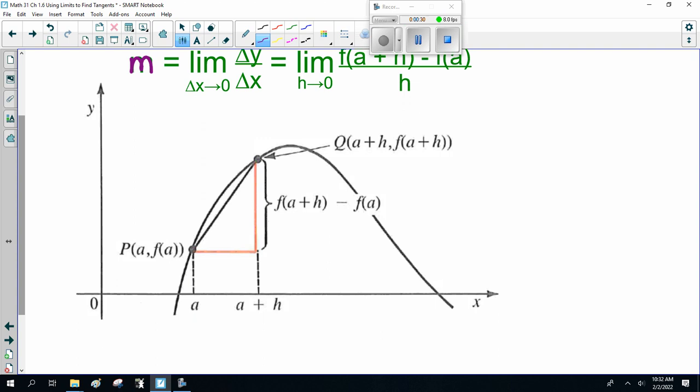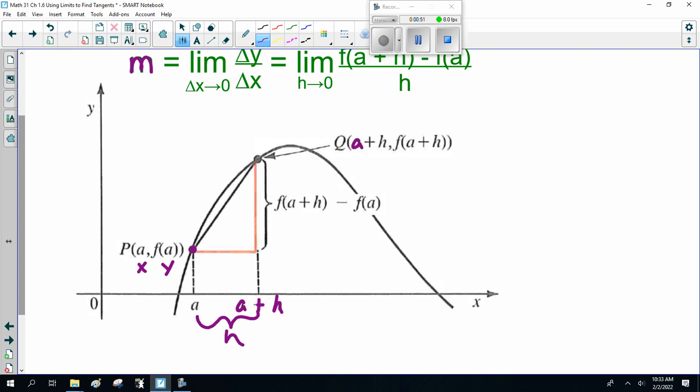Now, if we look at the graph here, we have a point. Instead of x and y, it's a and f of a, to get all fancy. Now, if we add h to that, our new coordinate is a plus h.